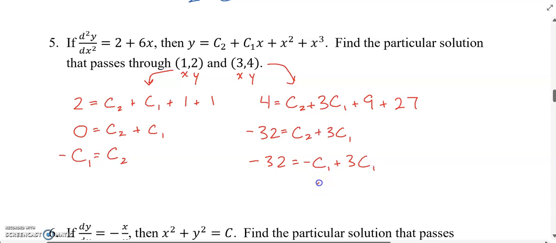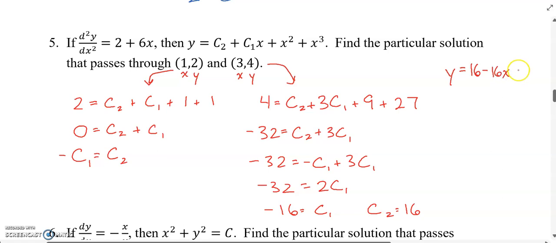And we'll get 2c1 is equal to negative 32, or negative 16 is equal to c1, which means that c2 has to equal positive 16. So our particular solution is y equals 16 minus 16x plus x squared plus x cubed.